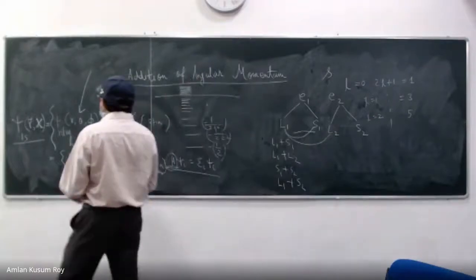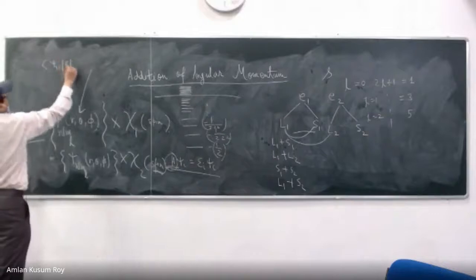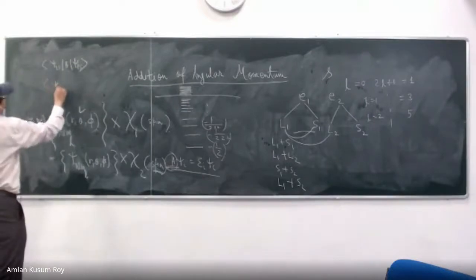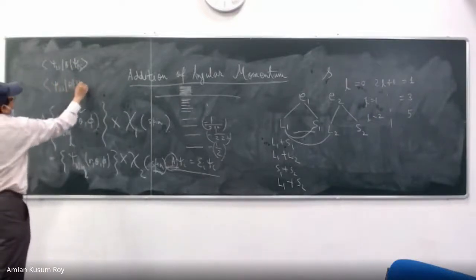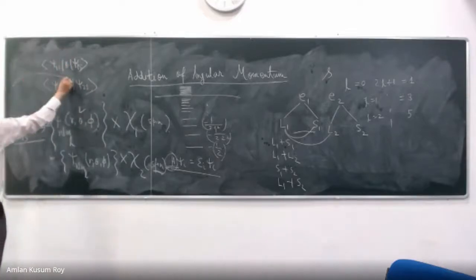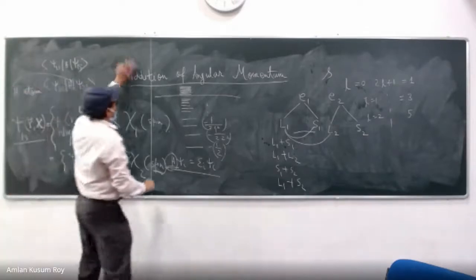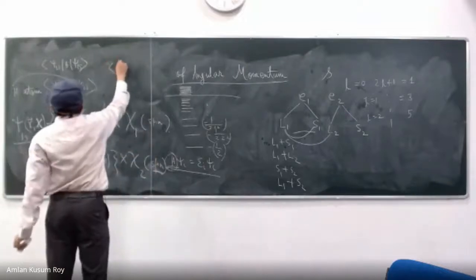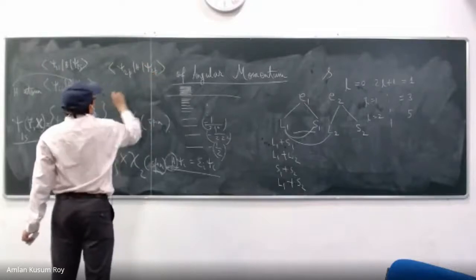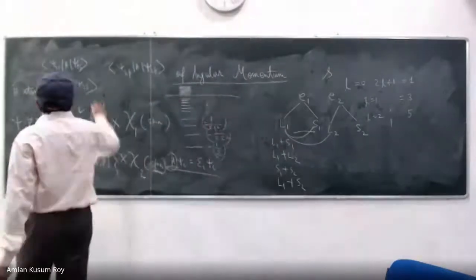So if I take the energy, for example, psi 1s, H psi 1s, or psi 2s, H psi 2s, and also psi 2p, H psi 2p, where H is the hydrogen atom Hamiltonian, can you please tell me what these three values will be in atomic units?